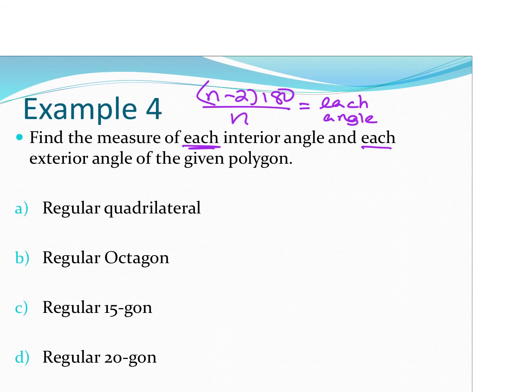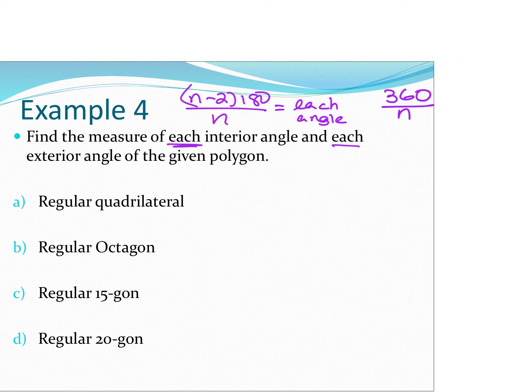And then for the exterior, remember it's always 360, but this time when we want each exterior, we have to divide it by the number of angles or the number of sides. So this will give me each exterior. So this one should have been each interior. So I'm going to use these two formulas.